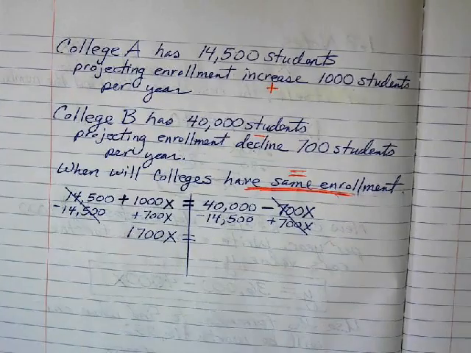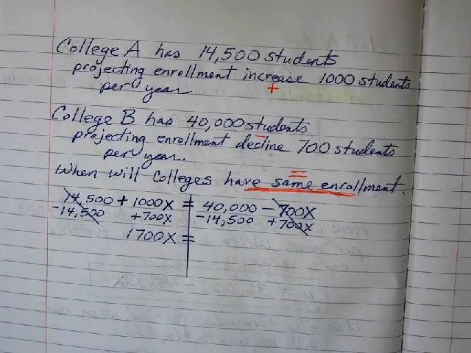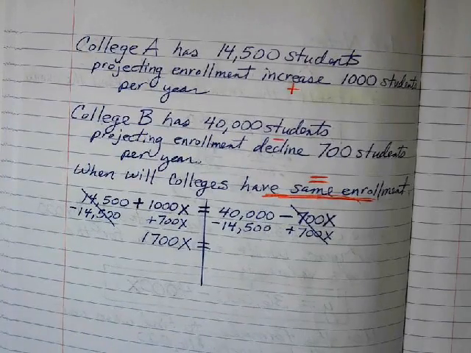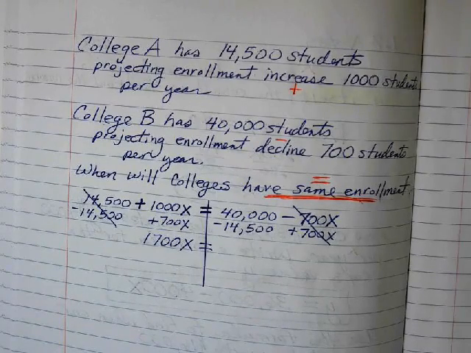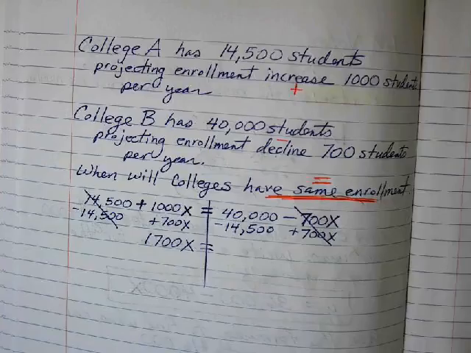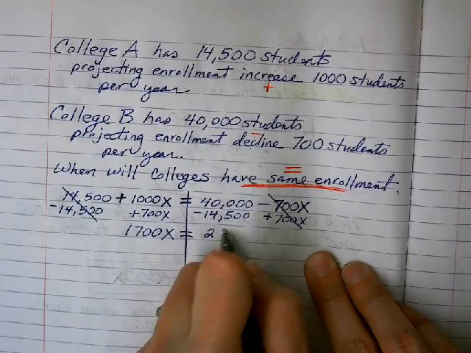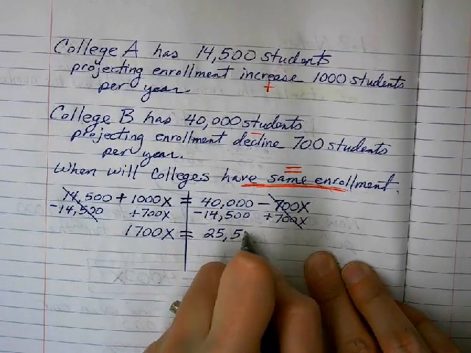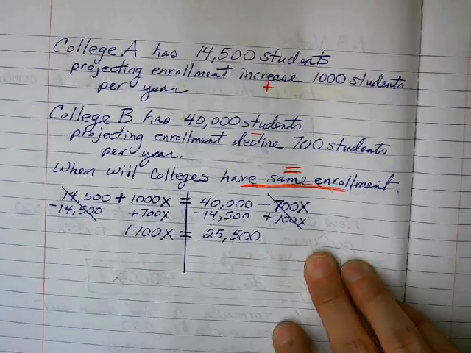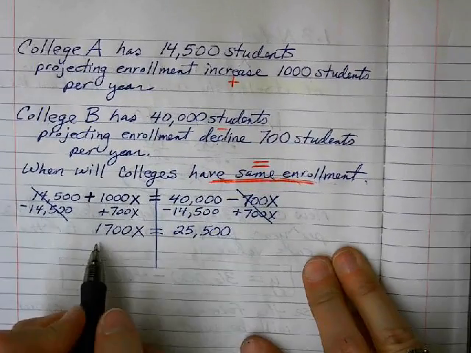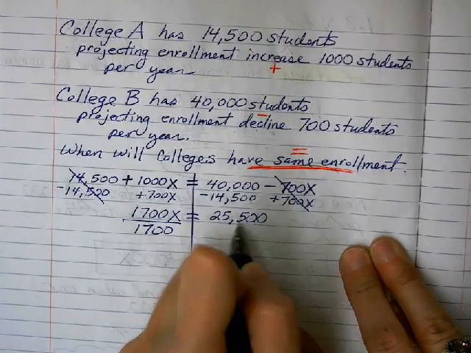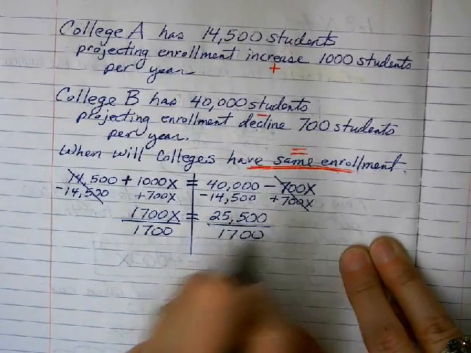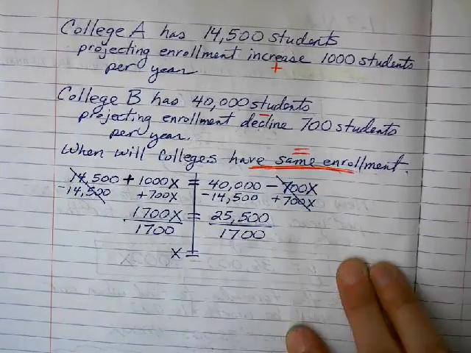So 40,000 minus 14,500. Here I got 25,500. Then you just have to divide by 1,700 and you'll get the answer. When will these two colleges have the same enrollment?